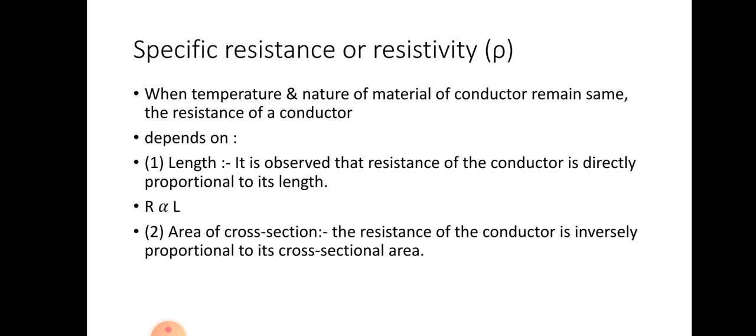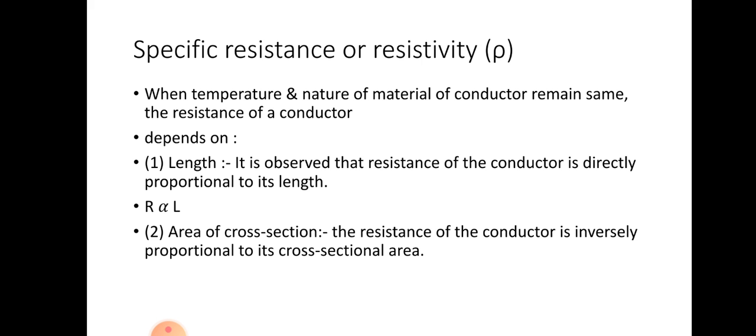But these free electrons are colliding with the molecules of that conductor, and that creates an opposition to the passage of the electric current. And that leads to the resistance.